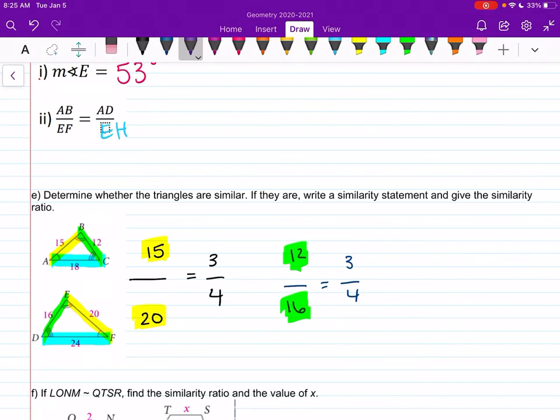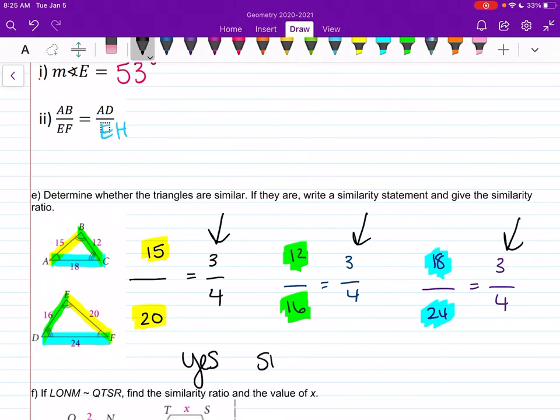Let's check this. So 1 arc gives me 18 and 3 arc gives me 24. Go ahead and reduce that by a factor of 6. And once again, I get 3/4. So yes, they are all similar, because all of these are equal. I get 3/4, 3/4, 3/4. So yes, and my similarity ratio, you guessed it, is 3/4.